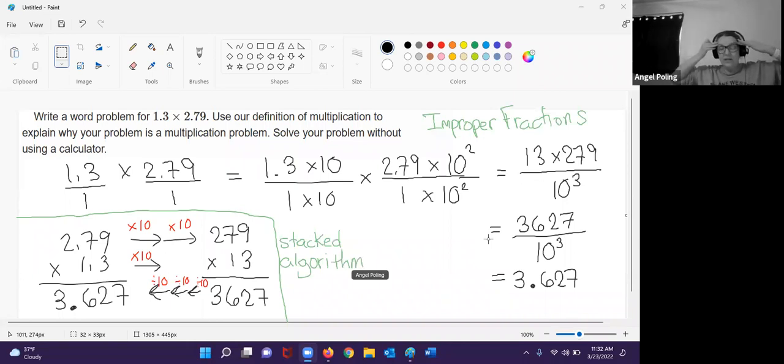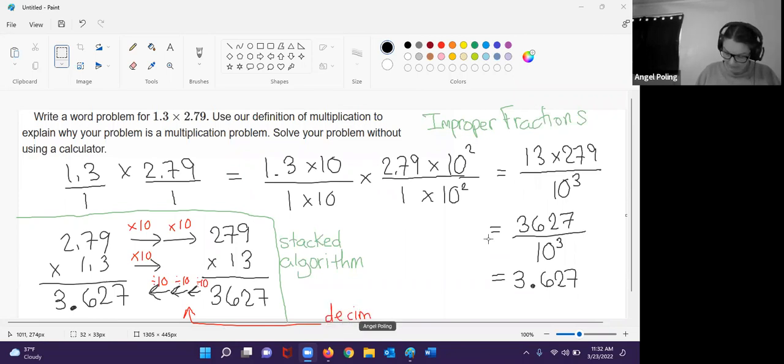But because we are trying to illustrate what it is we're ignoring, we need to show why it is that we recover putting the decimal point three places to the left of the last digit.